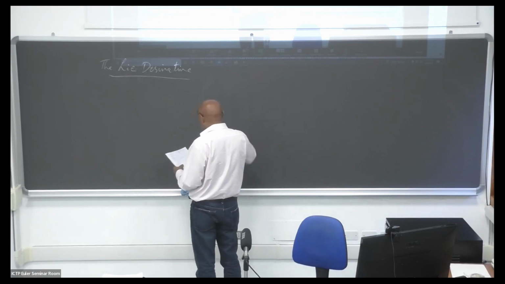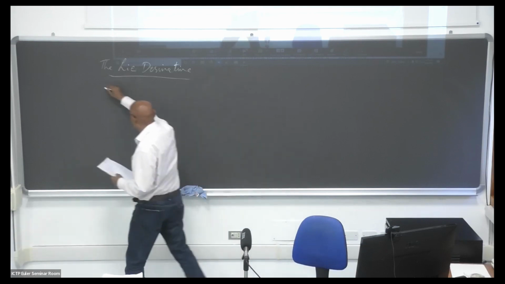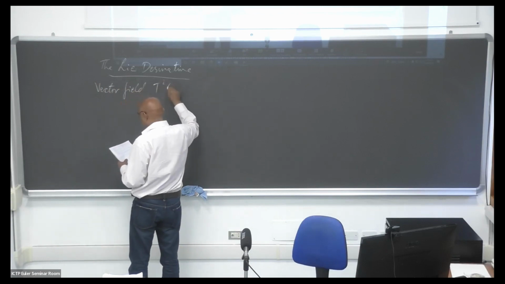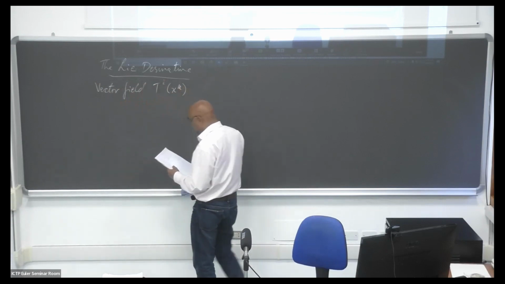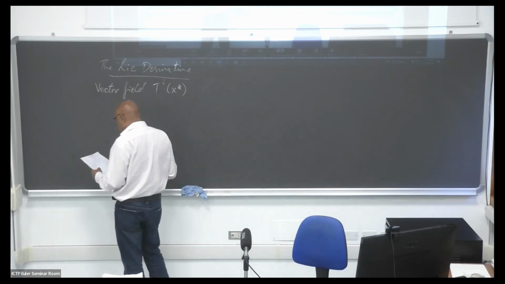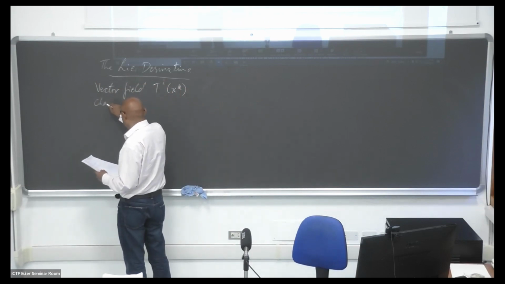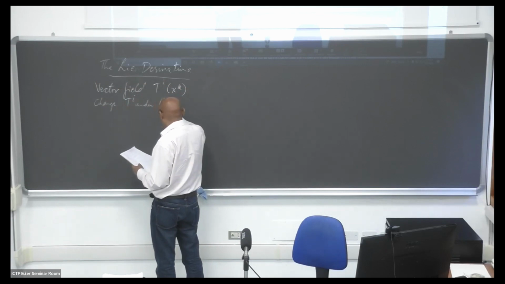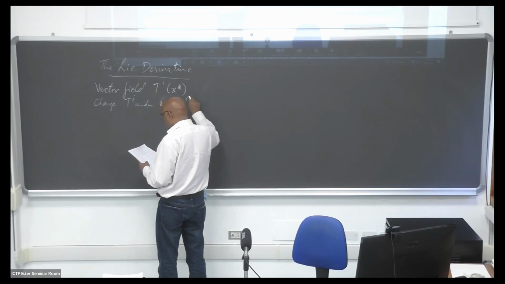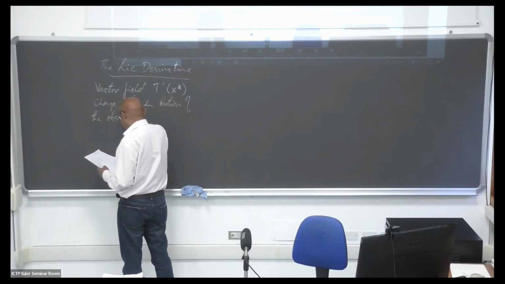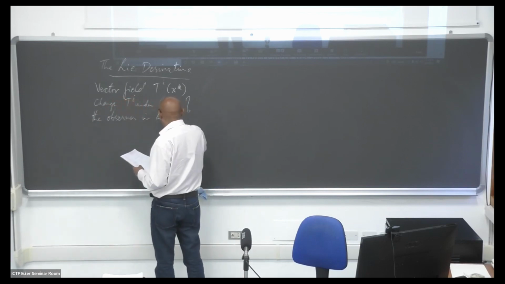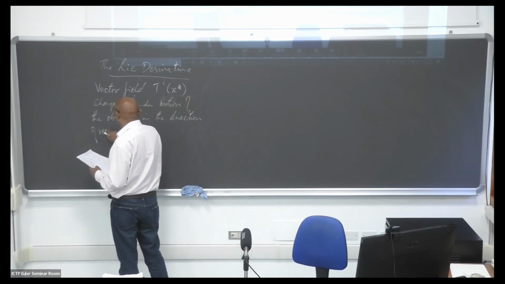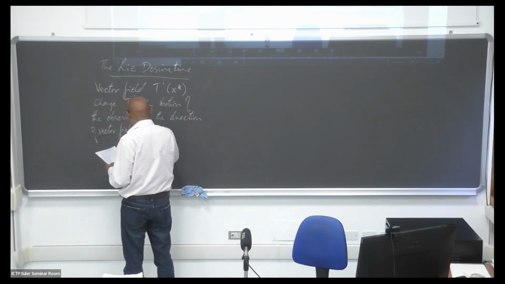So we consider a vector field Ti depending on some coordinates xk, and we want to change this Ti under motion of the observer in the direction of vector field xi.